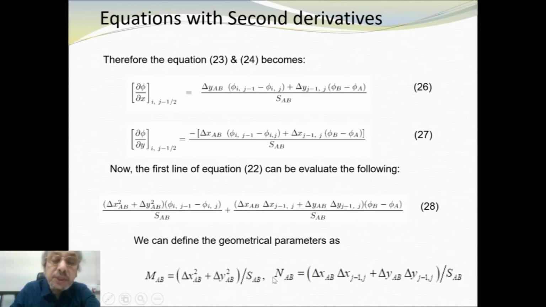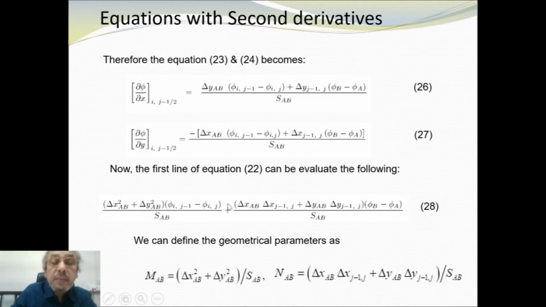And for these two geometrical parameters, we are giving a new nomenclature, MAB and NAB. So MAB into phi I j minus 1 minus phi I j, NAB into phi b minus phi a.